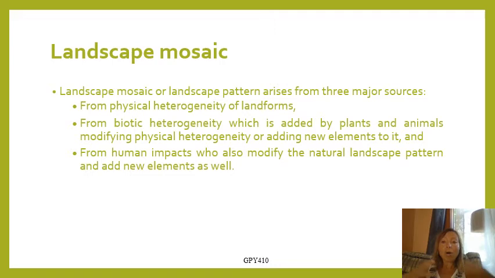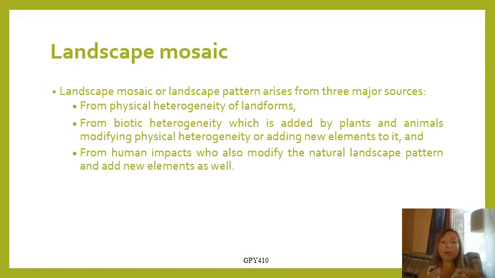And then on top of this landform heterogeneity, there is also biotic or biological heterogeneity that arises from different types of soils and vegetation, then further add complexity to the landscape mosaic. For example, within the same floodplain, we might find forest and meadow and wetland and maybe some water features.